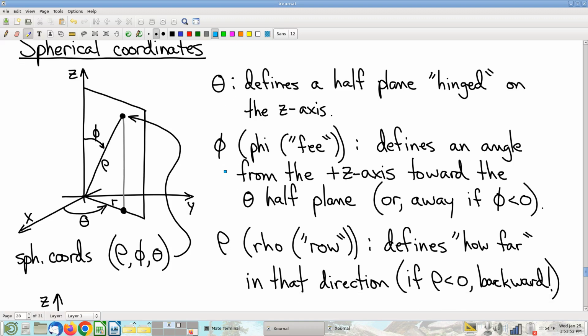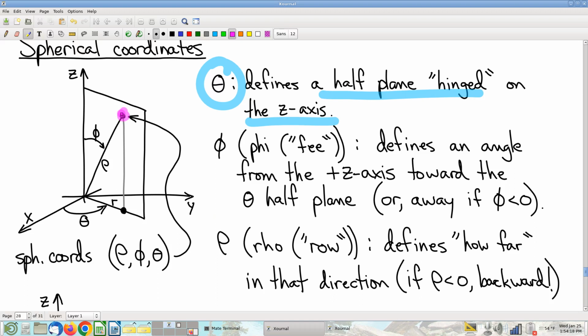Okay, so let me tell you what spherical coordinates are. The variables are these right here, rho, phi, and theta. I'm going to describe them in sort of the opposite order. It just geometrically works out better this way, in my opinion. And here we go. Theta: think of a half plane hinged on the z-axis that contains the point you're interested in.